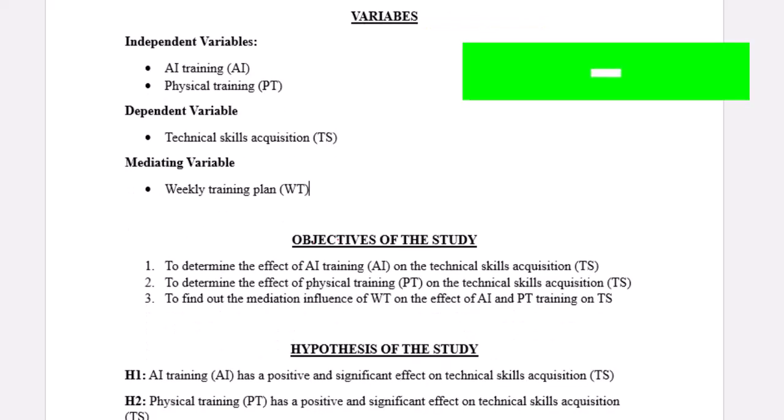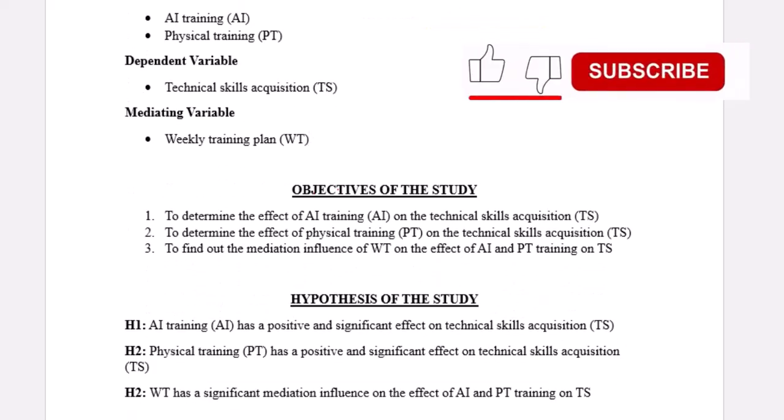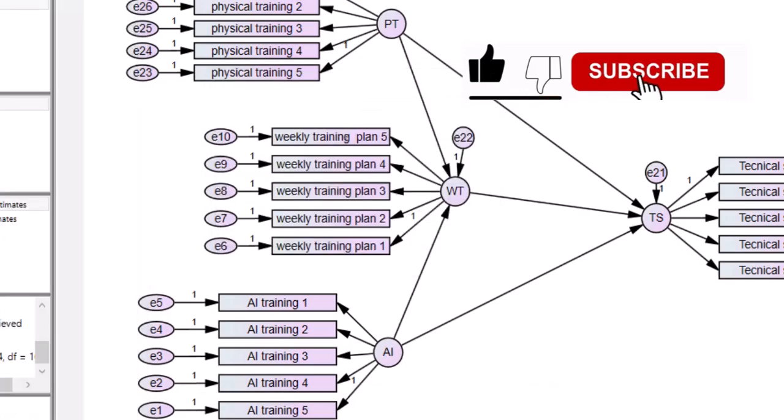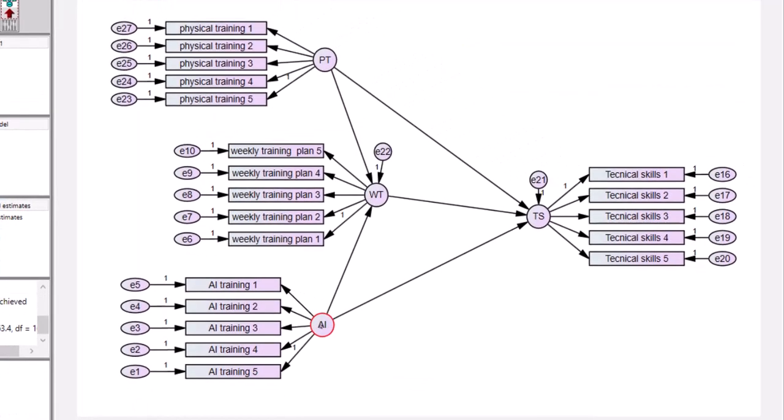So these variables can be seen here. PT is our independent variable, AI is our independent variable, WT is our mediating variable, TS is our dependent variable. So we shall be looking at how WT mediates the effect of AI on TS and PT on TS.